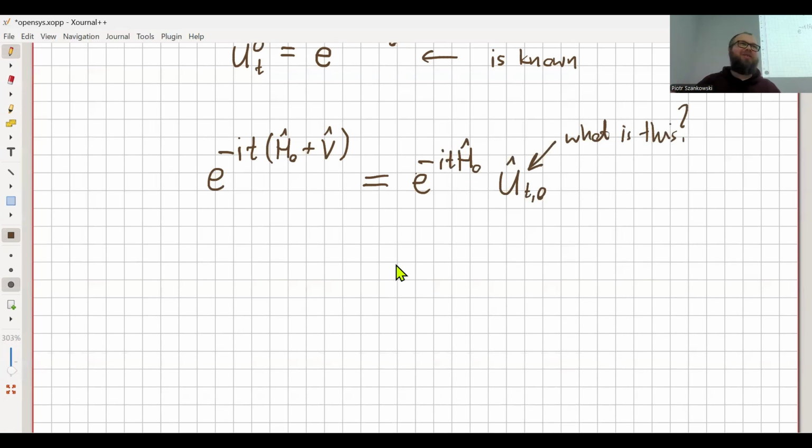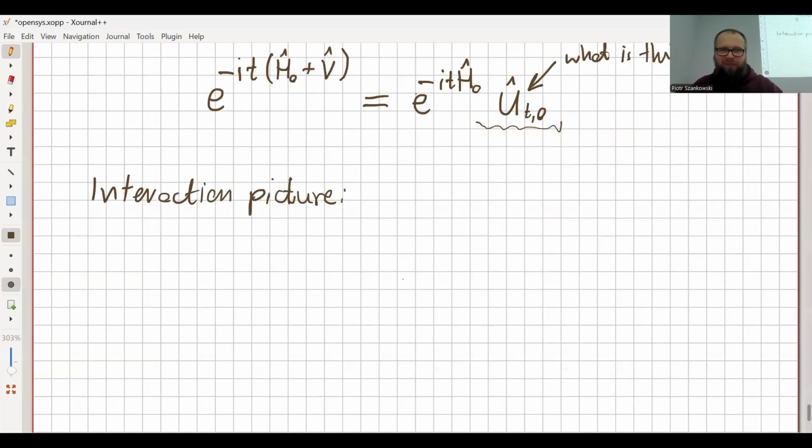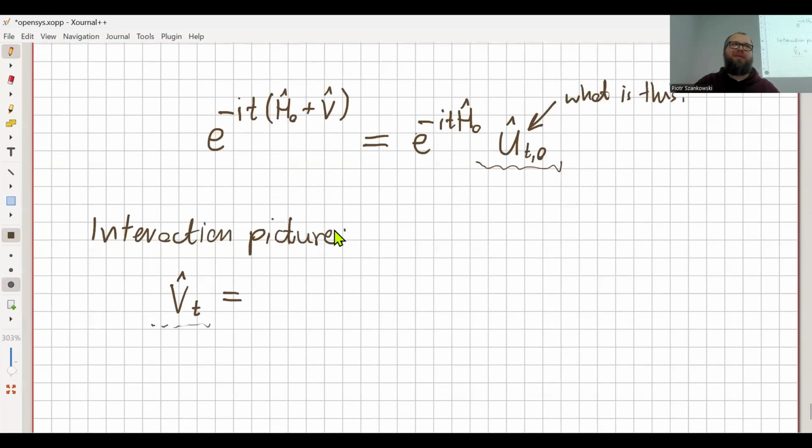To make a long story short, the answer is that this U(t) is given in terms of the interaction picture, which means that we have to define for ourselves V(t), V in the interaction picture, which is a modified V operator from our original Hamiltonian.